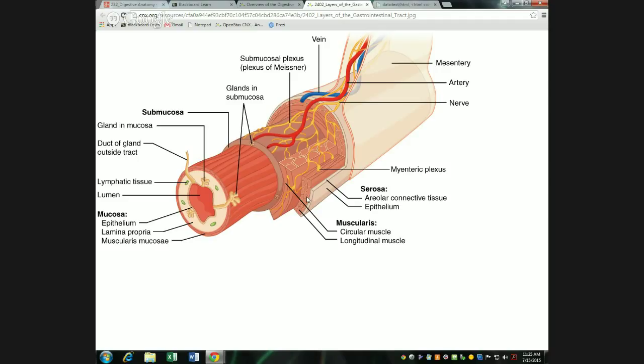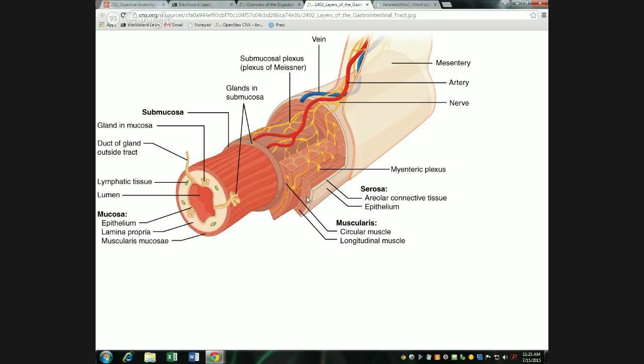When we get up into the pharynx and the oral cavity, the muscularis doesn't make a whole lot of sense because there's specific pharyngeal muscles in the wall of the pharynx, and there are specific muscles in the wall of the oral cavity, like your cheek muscles and your lip muscles and that sort of thing. So it kind of breaks down at that point.